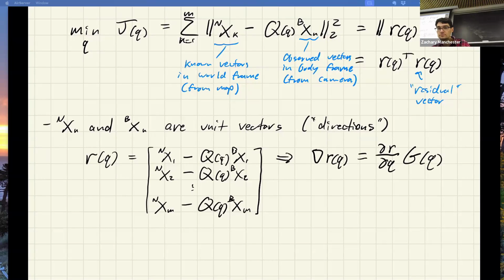Just to clarify, this guy we want to be 3m by 3. This thing is going to be 3m by 4, and this guy is going to be 4 by 3. That's how the dimensions work out. We have m observations.